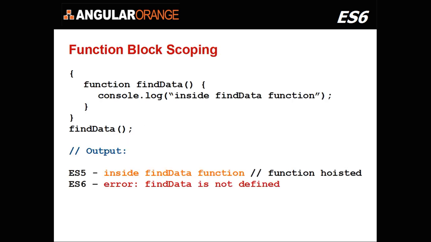We also have function block scoping. I could put a function inside a block, and you could be inside the findData function, but if you go to call that function outside the block, it's not defined.